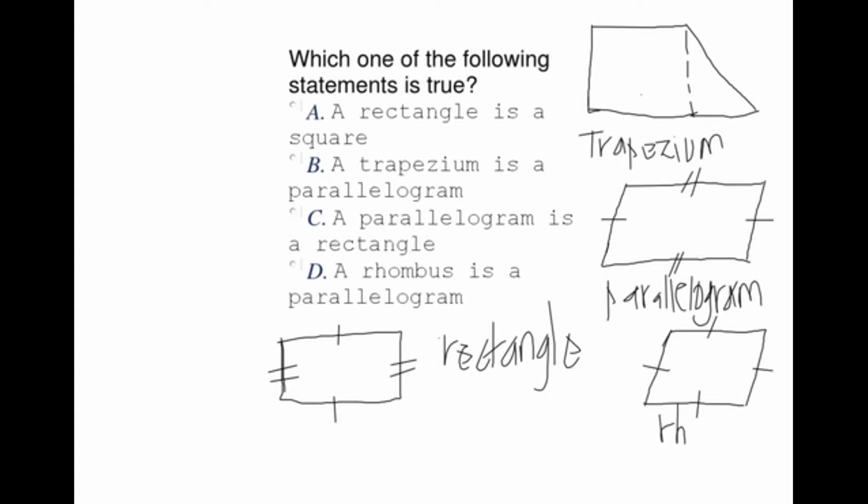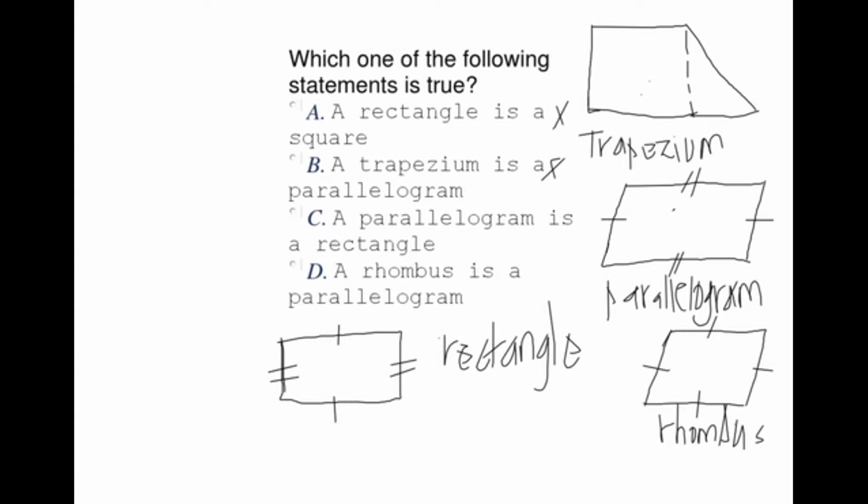This is a rhombus. So our second choice is that a trapezium is a parallelogram, which is false. This is our parallelogram and this is a trapezium. So this is false.